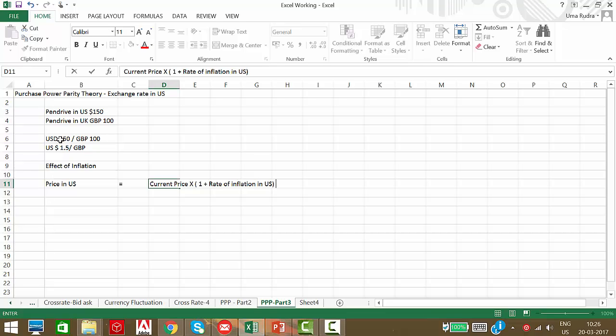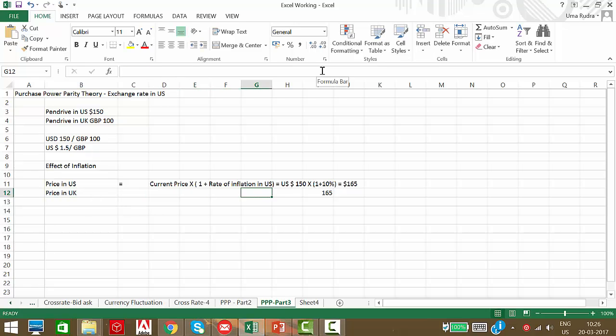As per this example, US has inflation of 10%, so 150 into 110%, that is 165. So the price in US would be $165, considering inflation of 10%, and because there is no inflation in UK, the price in UK would remain the same, which is GBP 100.